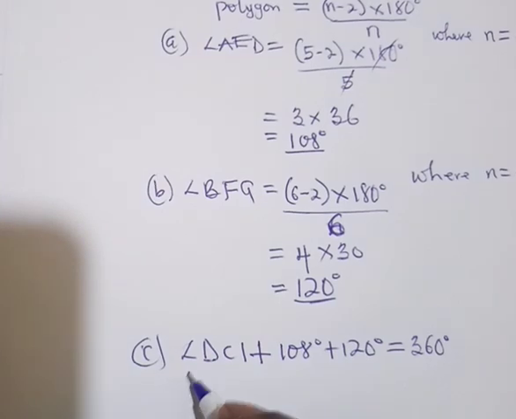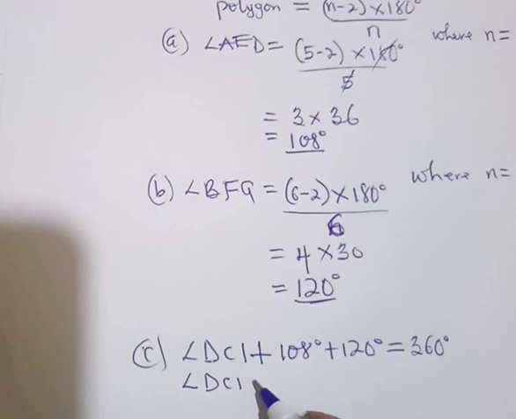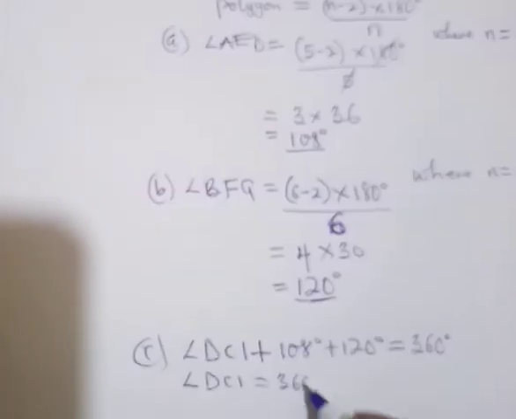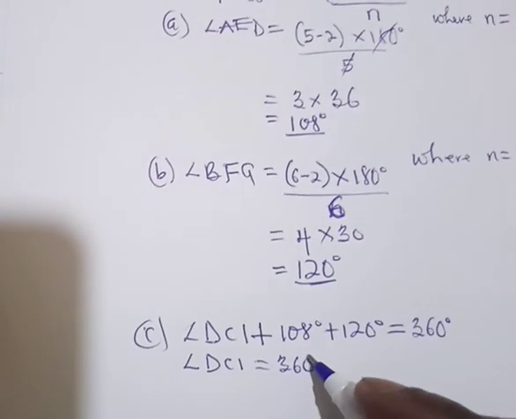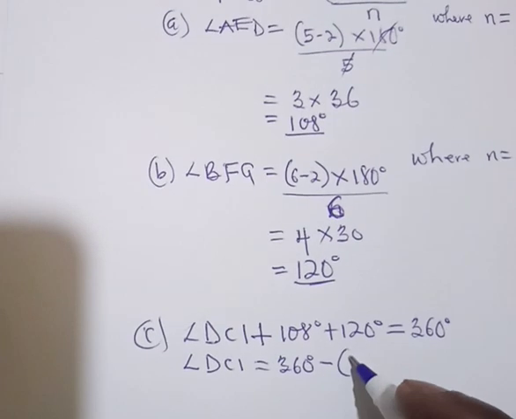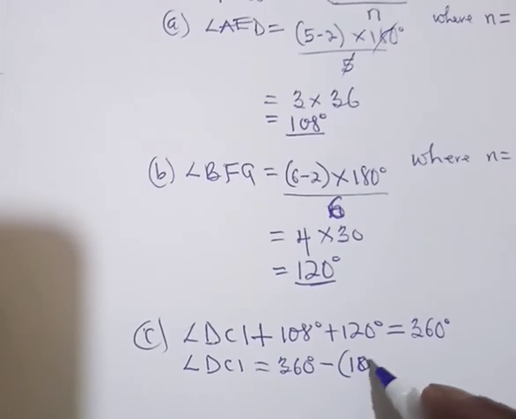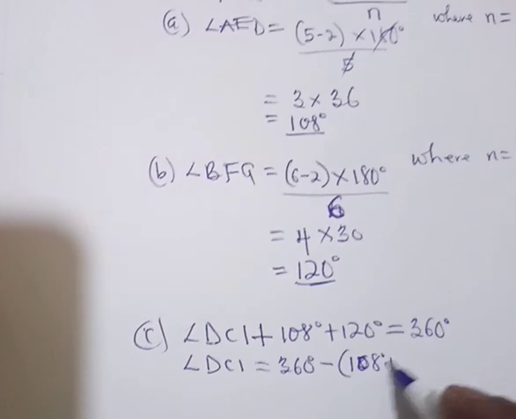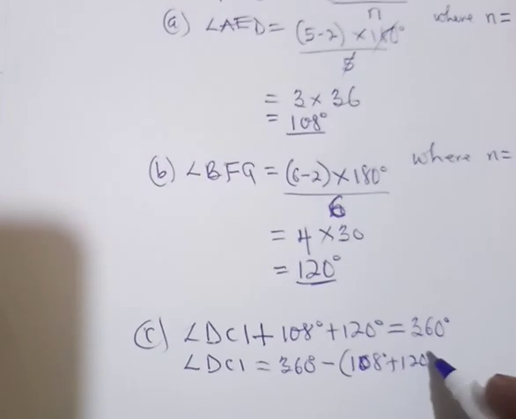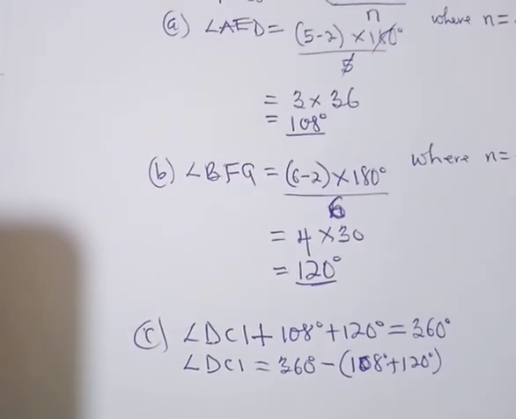So we can easily group like terms, which is equal to 360 degrees minus (108 plus 120) degrees.